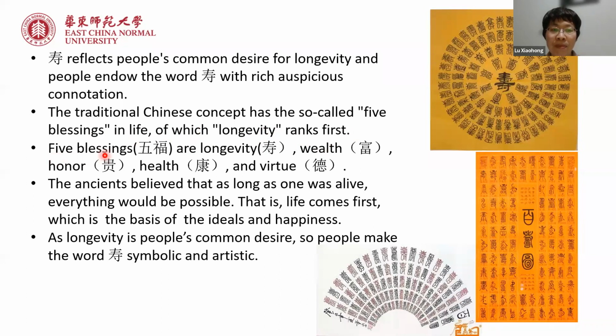So these 5 blessings in life are longevity, that's 寿, wealth, 富, honor, 贵, health, 康, and virtue, 德. If you can have these 5 blessings, well, you will be the happiest person in the world.